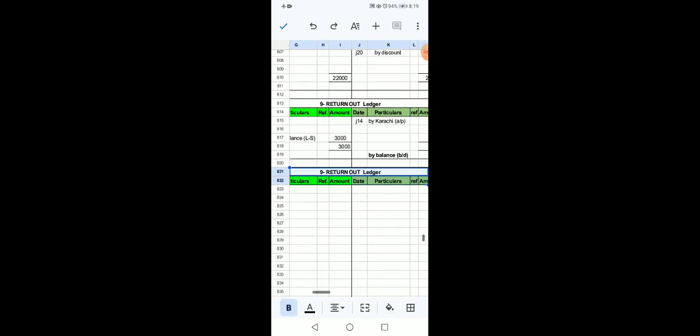Next element is return in. This is vacant, as you can see it is unmarked, so next ledger is return in. What we will do, we will make the same ledger pattern, same ledger format. So we are taking headings from the previous ledger and posting for next ledger format.